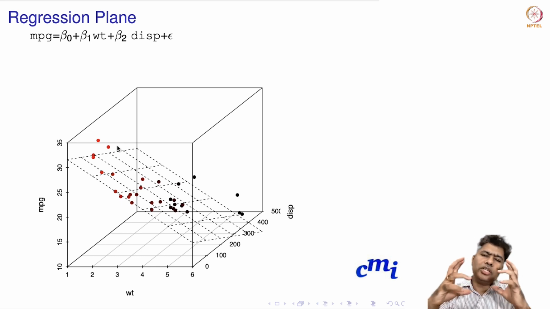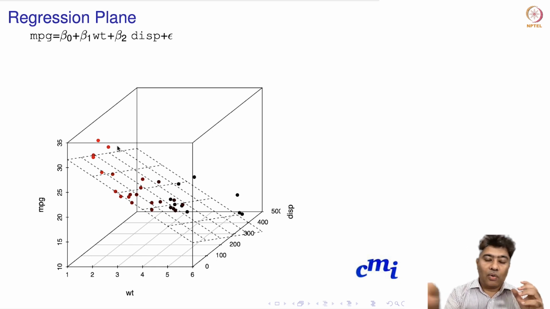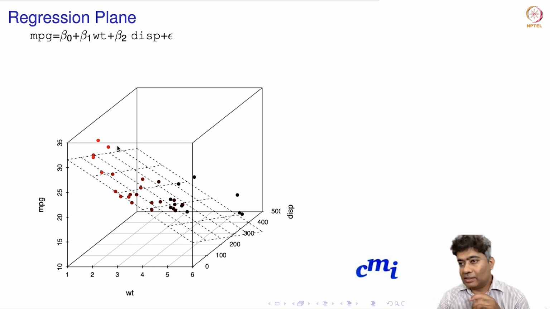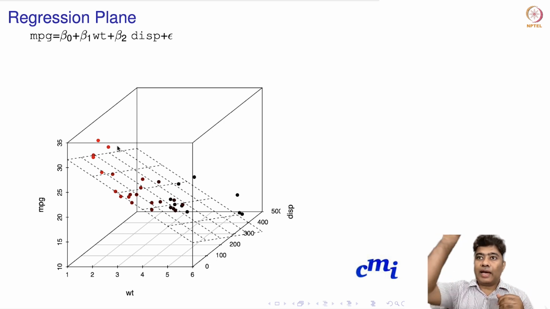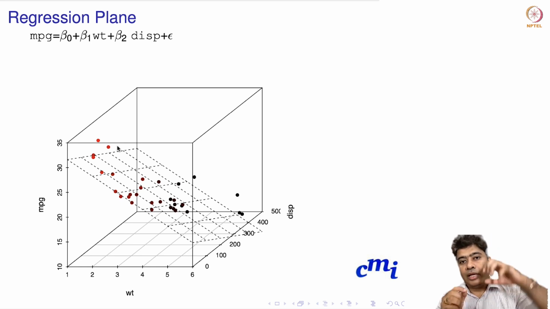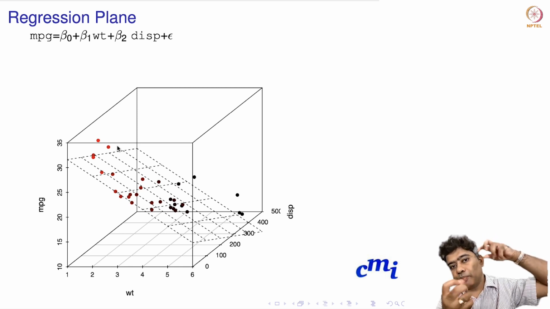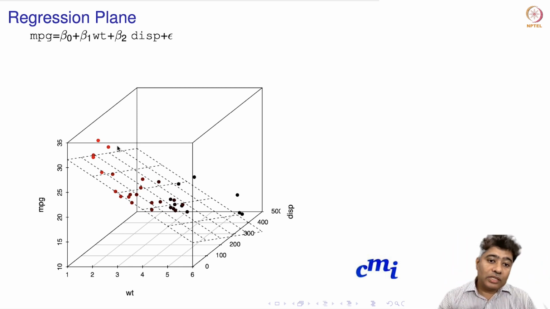If you can imagine yourself in a room, the x-axis is weight, the y-axis is displacement, and the z-axis is miles per gallon. Then all these points are hanging somewhere in the 3-dimensional space. This is what you are seeing in the graph.